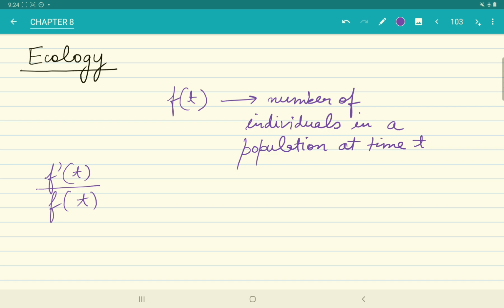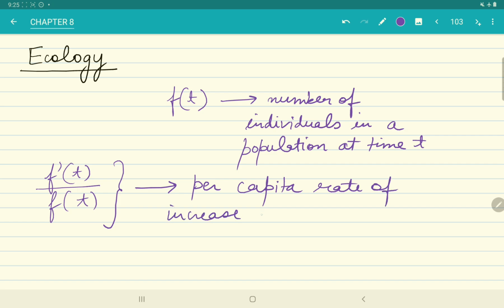But now if I'm concerned about the relative rate of increase of the number of individuals in a population at time t, I can call this the per capita rate of increase of the population at time t.